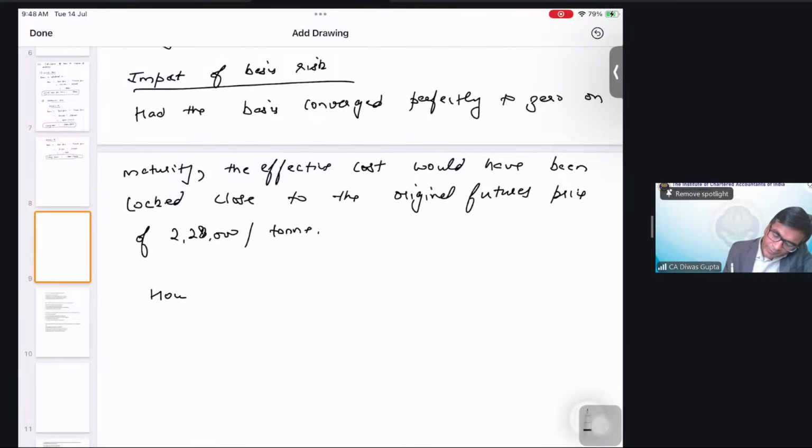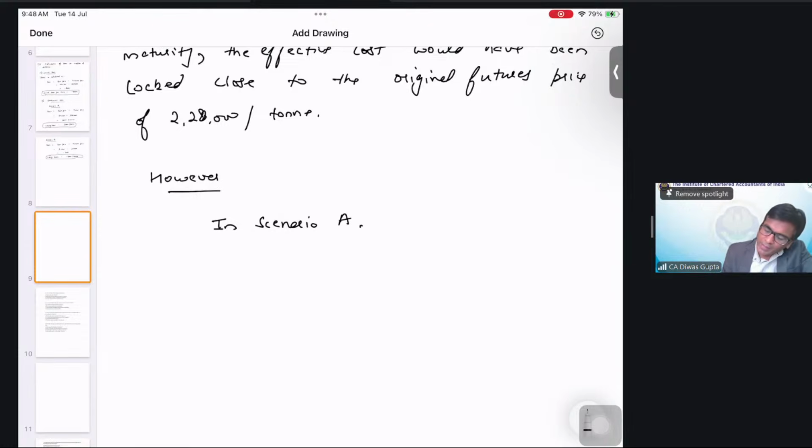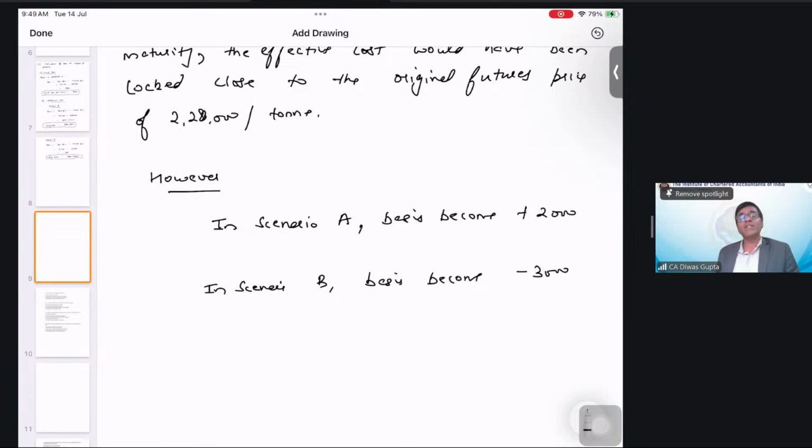However, in scenario A, we know that the basis became plus 2,000. So effectively, you see this 2,28,000 plus 2,000, 2,30,000 became the cost, right? And in scenario B, the basis became minus 3,000, which is 2,28,000 minus 3,000.